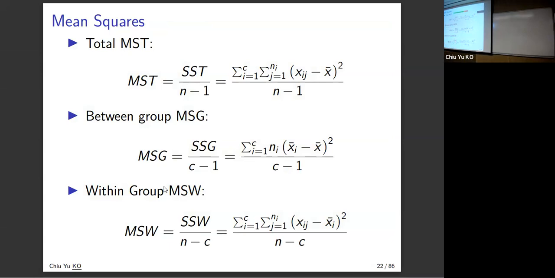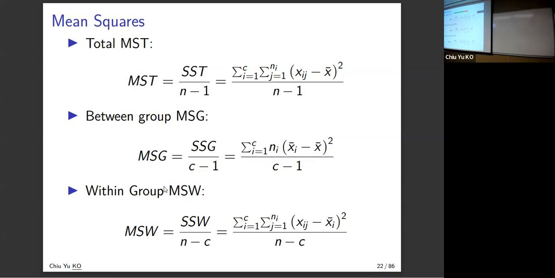And this is the variance you estimate from within the group itself. Why do you divide by M minus C here?